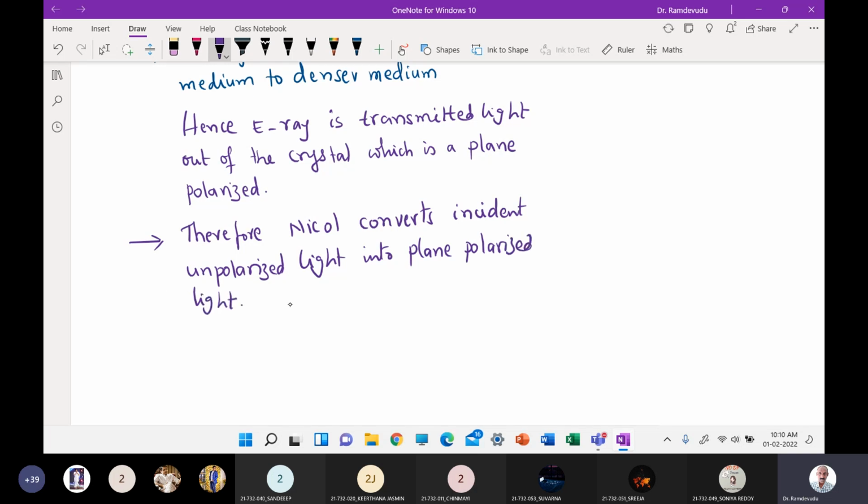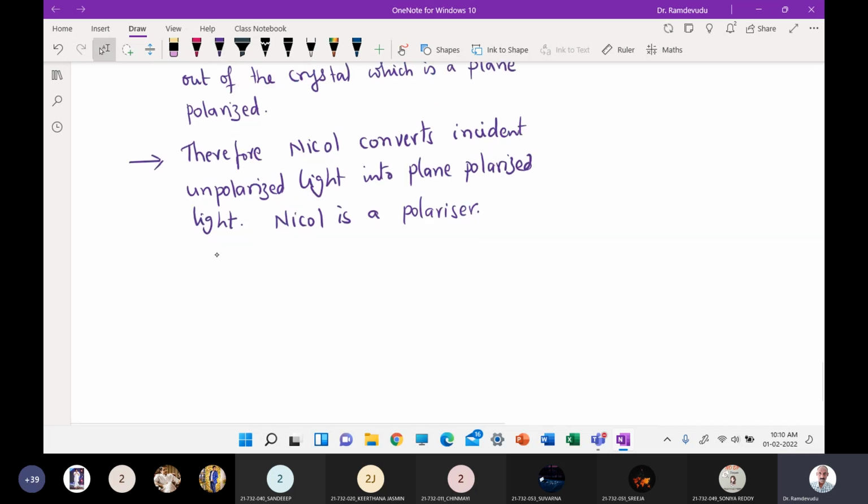Therefore, Nicol is a polarizer. But we know the same polarizer can be used as an analyzer. So therefore, Nicol can also be used as an analyzer.